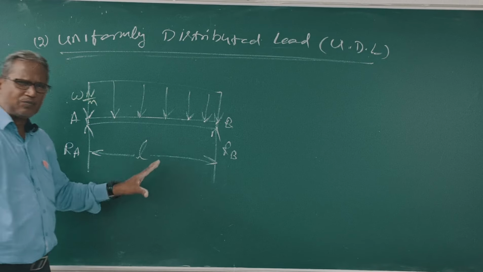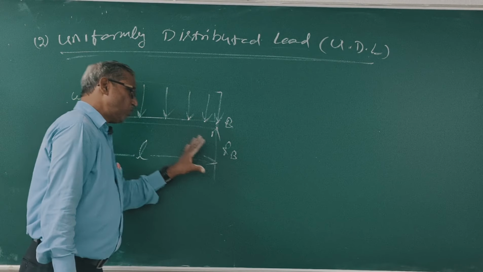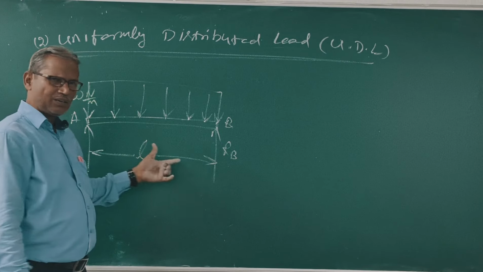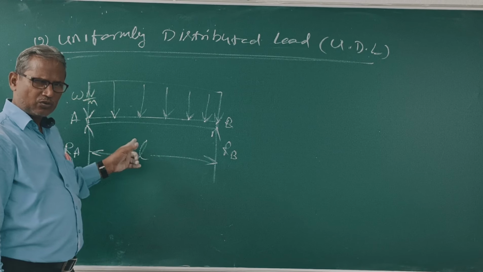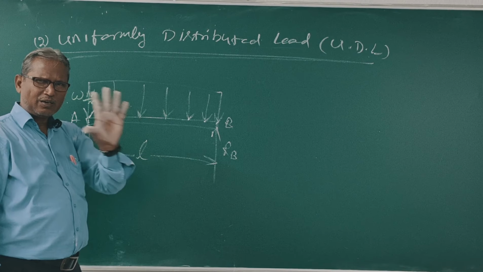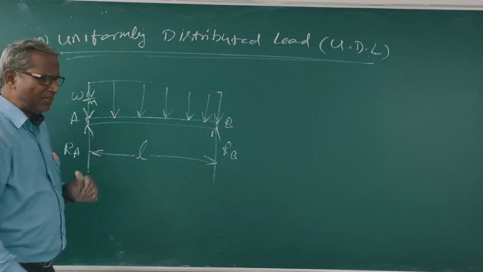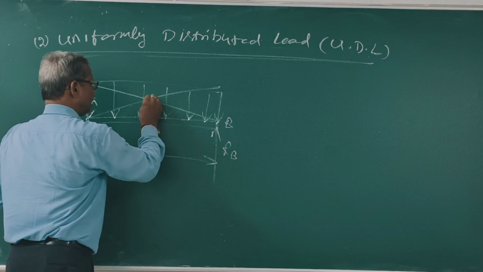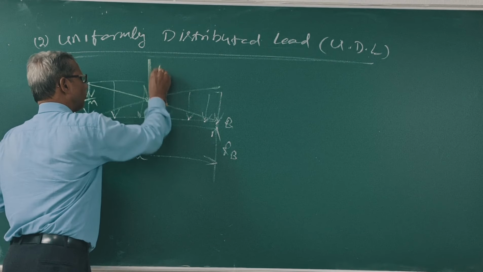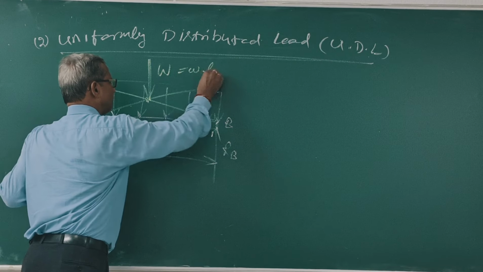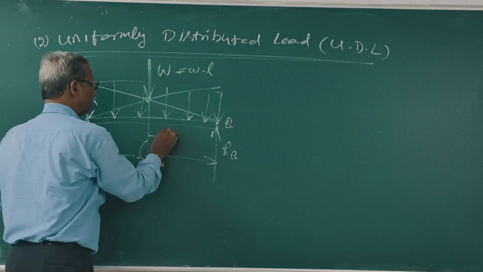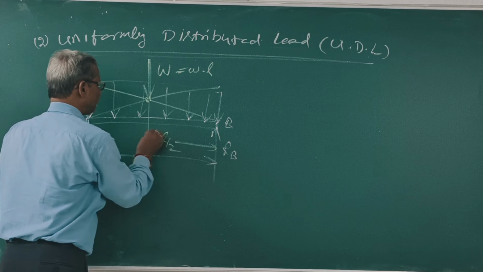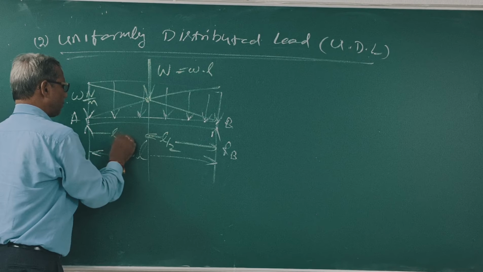Here the total length is L. What is the area of this rectangle? w into L. What is CG? This is the CG of the rectangle. This is small w into L. This is L by 2, this is L by 2.